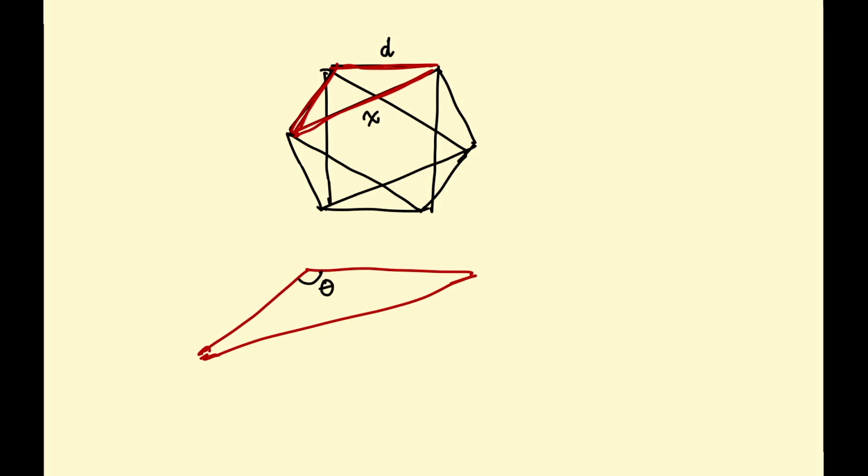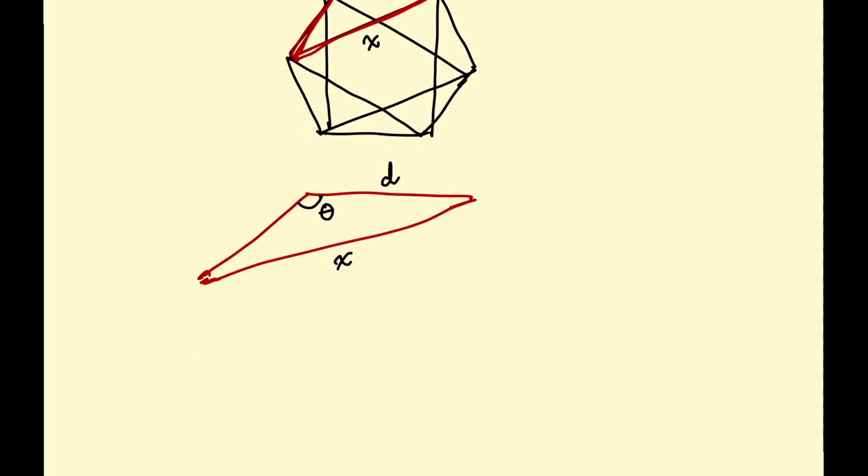Do we know what that angle is? Yeah, we figured out that math already. And do we know what this distance is? Yeah, it's the same as for a polygon. And what we're interested in is what is that length? All right, does anybody remember a relationship between d, x, and theta?